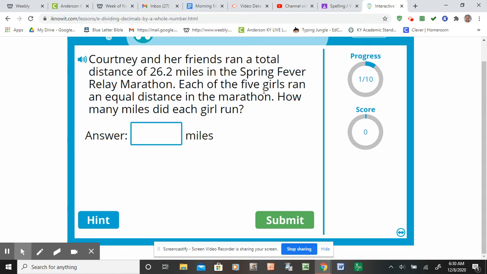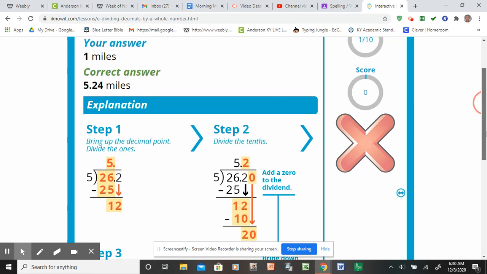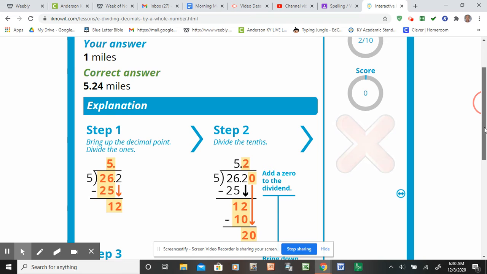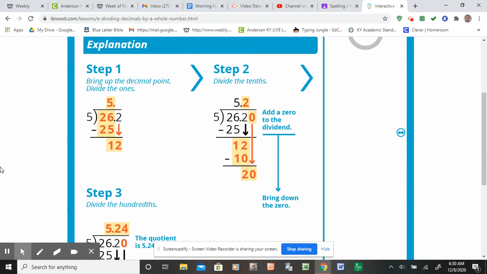Again, I'm just going to put in any old answer just so I can see the explanation. We know that's a completely wrong answer. Then I'll scroll down. Our correct answer should be 5.24, 5 and 24 hundredths. Here's how you do it. Remember our steps. The first step, bring your decimal point straight up. 26 and 2/10, bring it straight up here, and then you start dividing. 5 does not go into 2, but 5 does go into 26.